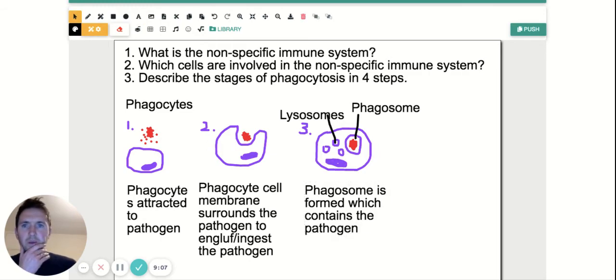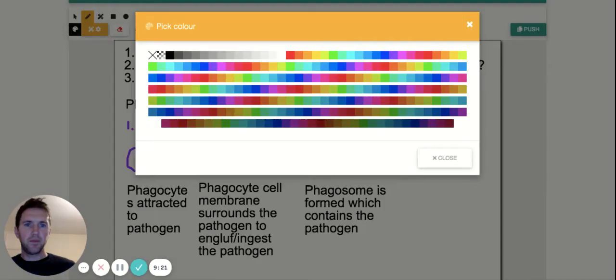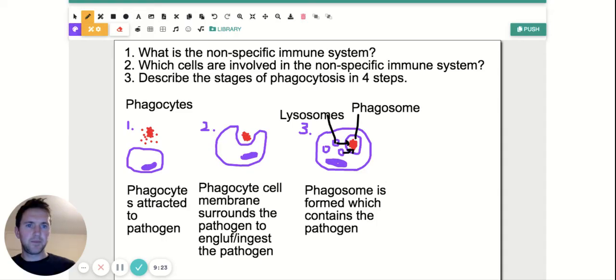Then what will happen is these lysosomes fuse with the phagosome. So finally, step 4. I'm going to combine this into one step.